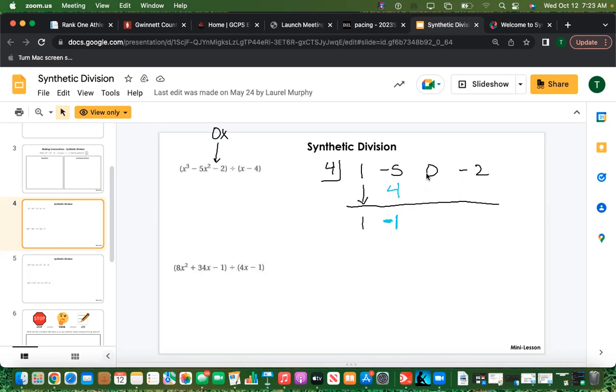Four times -1 is going to give us -4. 0 plus -4 is going to give us -4. And 4 times -4 is going to give us -16. And -2 plus -16 is going to give us -18.